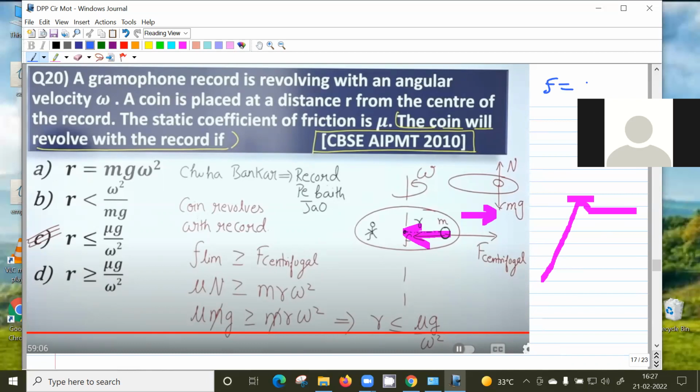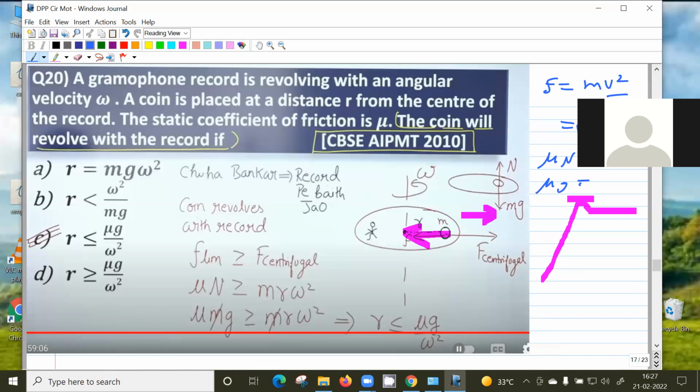So the friction force should balance mv square by r, okay, in terms of omega, right? So mv square by r is the same as m omega square into r. So in the limiting case, this will be mu times the normal reaction, and normal reaction is mg.